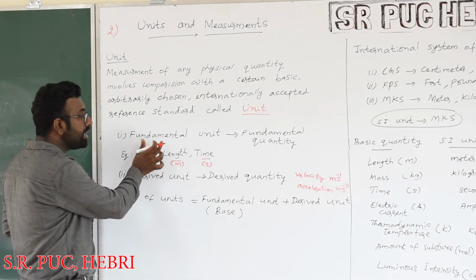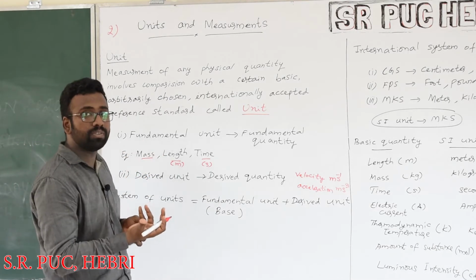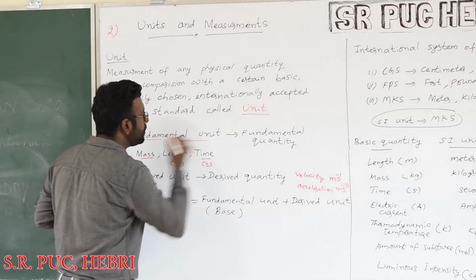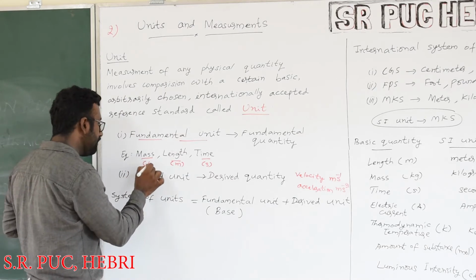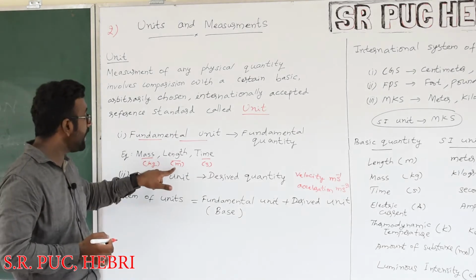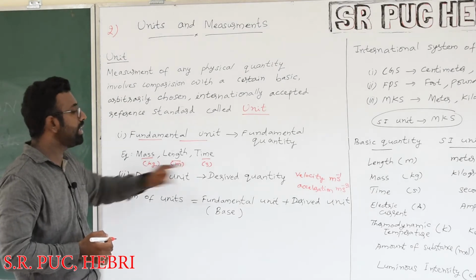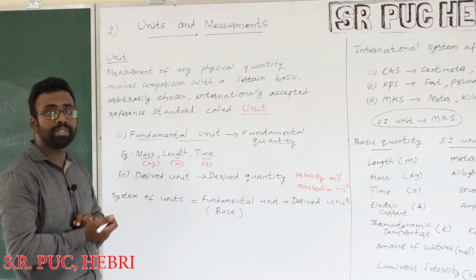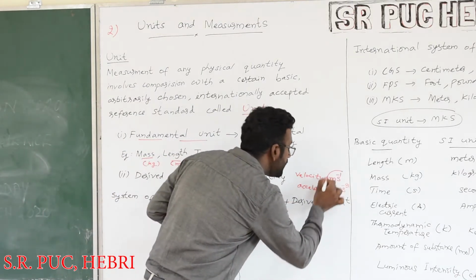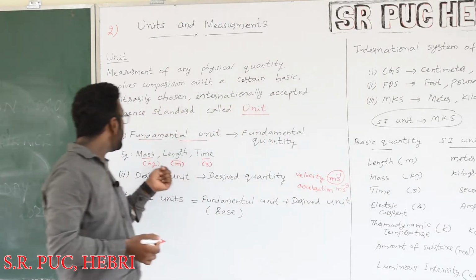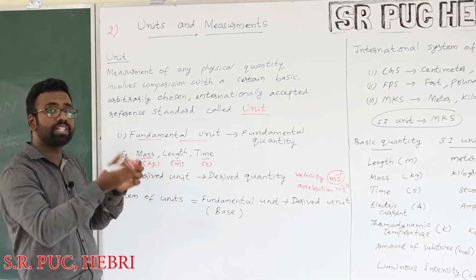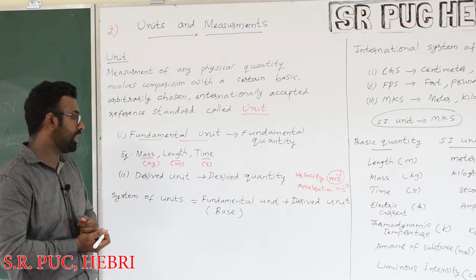The fundamental quantities are the basic quantities, and the unit related to them is known as fundamental unit. So for mass we have kg, for length we have meter, and for time we have second. These are the fundamental quantities. When you derive quantities, you can have all the units which will be related to these fundamental quantities, a unit which will have a connection with the fundamental quantity.